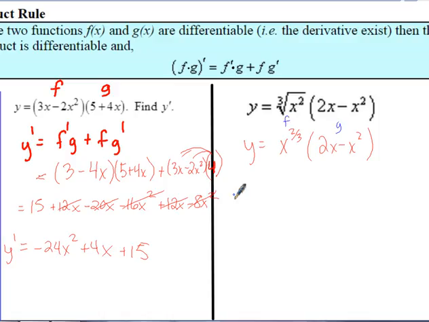So when I find the derivative, take the derivative of f, so it's going to be 2/3 x to the minus 1/3, parentheses, just your original g, plus x to the 2/3 times the derivative of g.